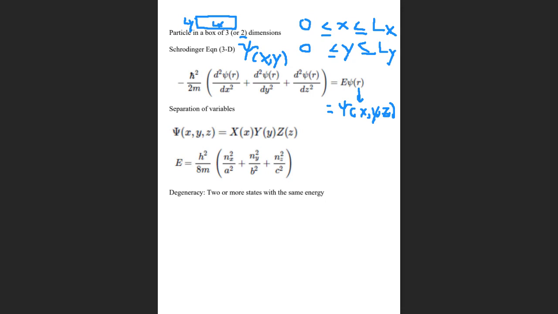Okay, since the kinetic energy in x and the kinetic energy in y and the kinetic energy in z are all separate, this separates into 3 functions: a function of x, times a function of y, times a function of z.